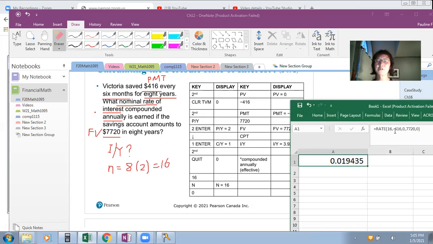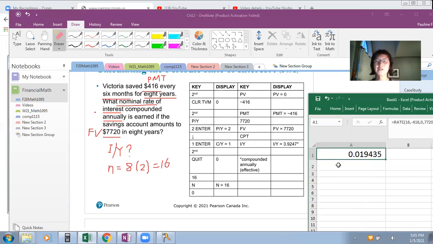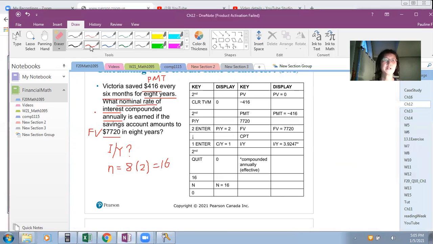So let me double check these parameters first. So 16 is the term, 416, 7,720, this one here. So this number is actually I. This number is periodic rate I, and we have to do something here.